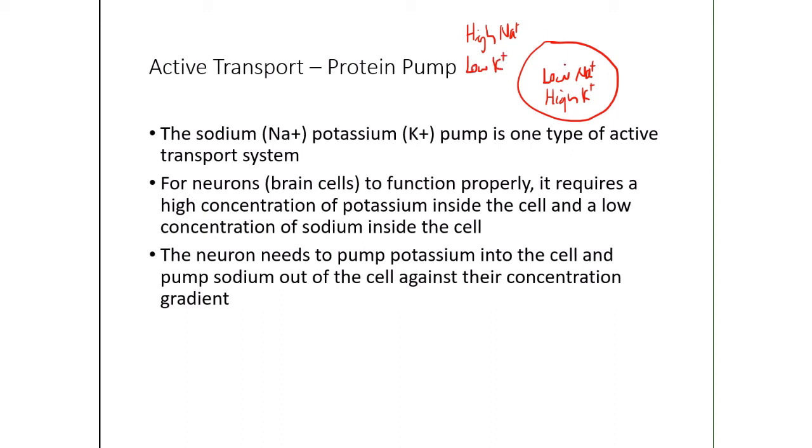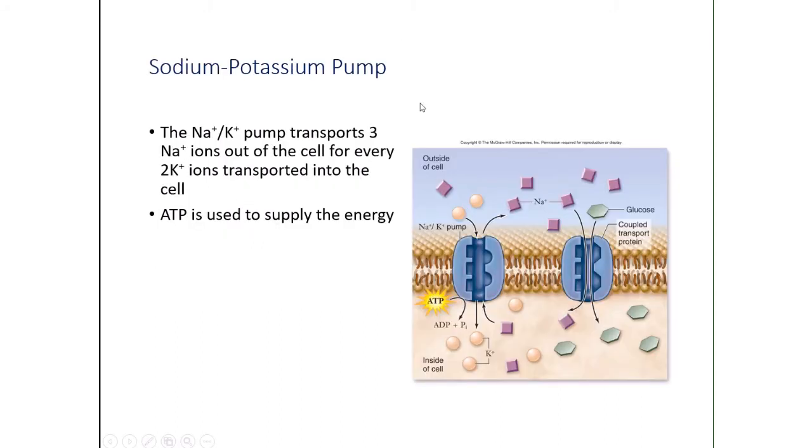So if you want to transport sodium out of the cell and bring potassium into the cell, this is going against their concentration gradient. You can see sodium is moving from an area of low concentration to high, and that's the same case for potassium. That's why this is considered an example of active transport.